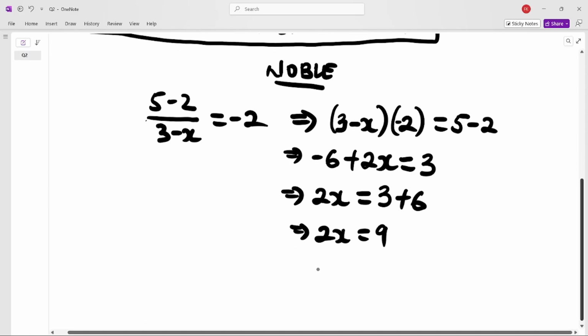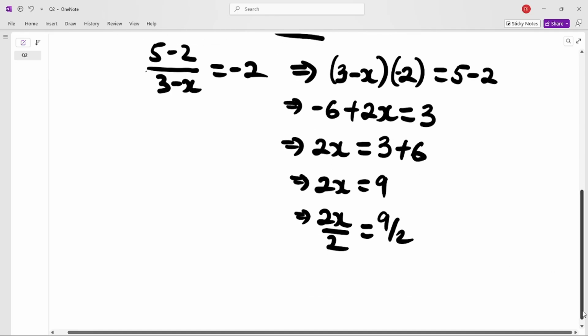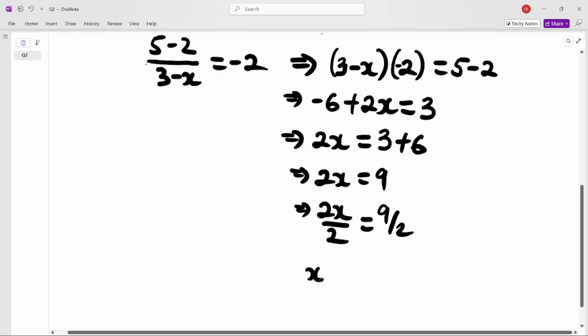Then we divide through by 2. So 2x divided by 2 is equal to 9 divided by 2. So x is equal to 9 over 2. Perfect. That's correct. Well done.